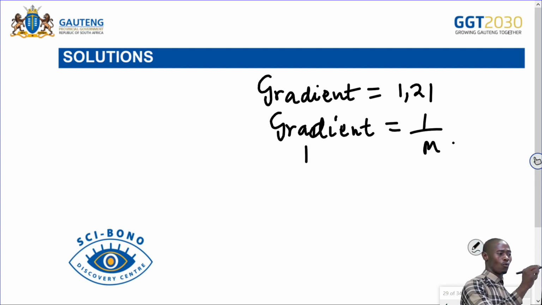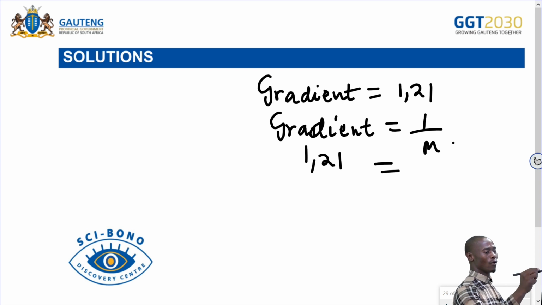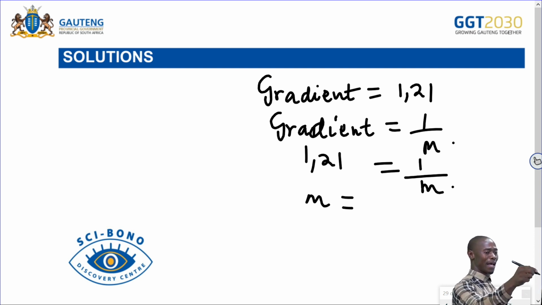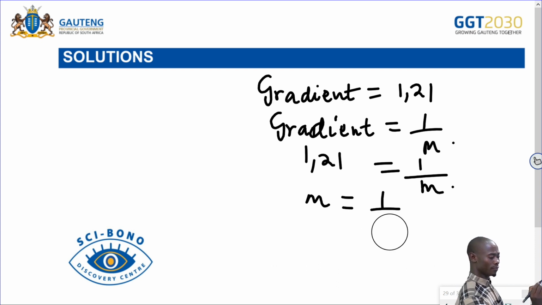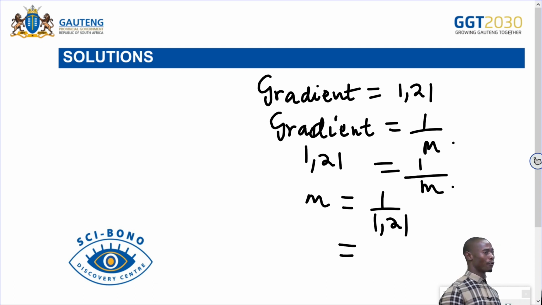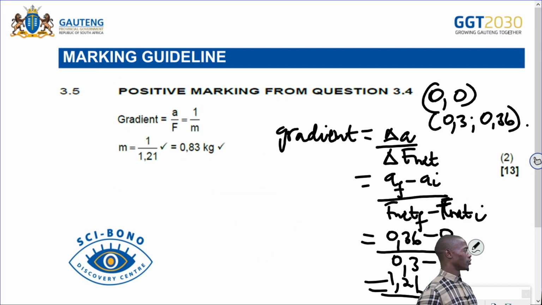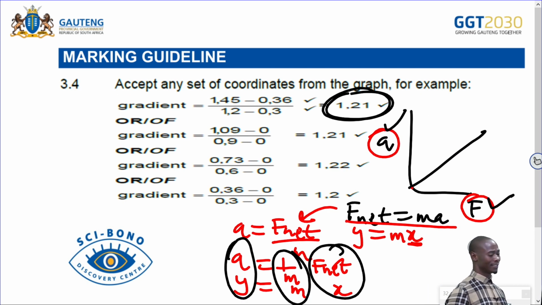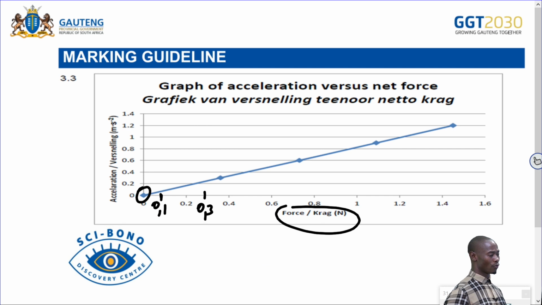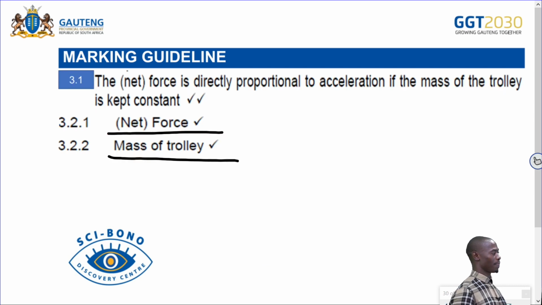So 1.21 equals 1 over m. Multiplying by m on both sides, m will be 1 over 1.21. What is 1 over 1.21? This is what they got, which is 0.83.